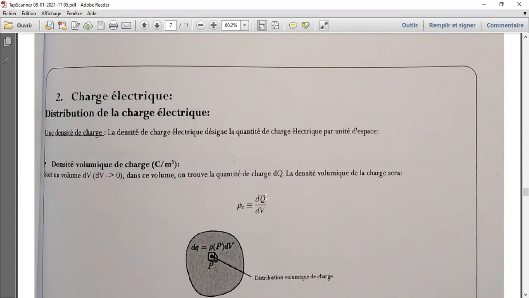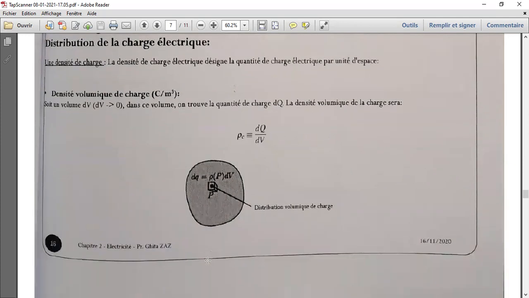Imagine a volume, for example a small cube. If I move to any point in this small cube, I'll still find the same charge. That's why you see dq. You can move to any point of this cube and still find the same charge. So that's why we have dq over dv.